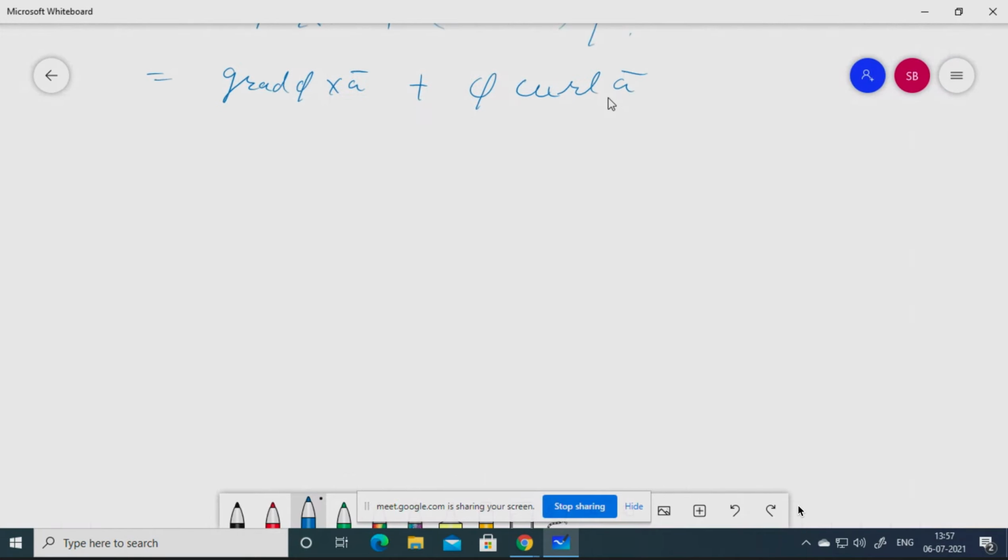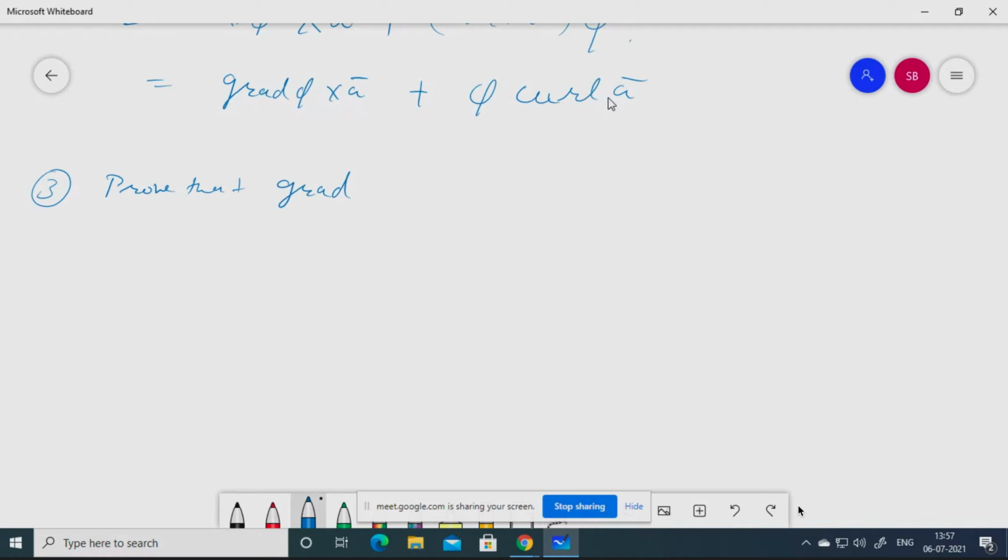Okay. Now try this one. This is the third identity. You have to prove that gradient of the function inside should be a vector or a scalar?